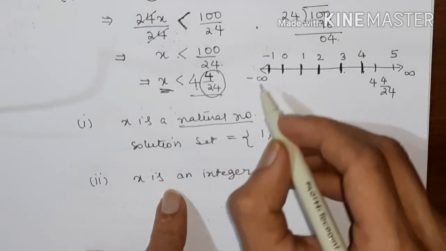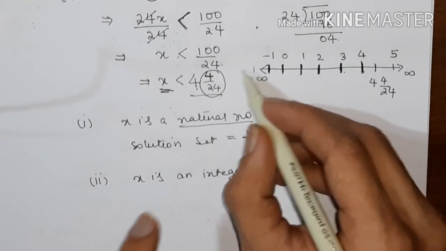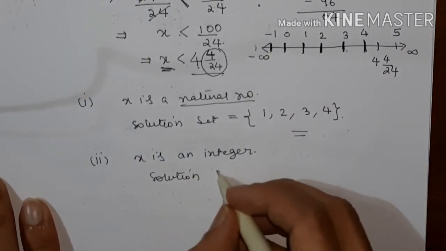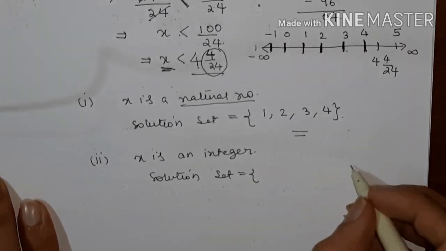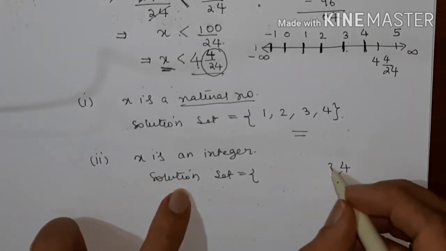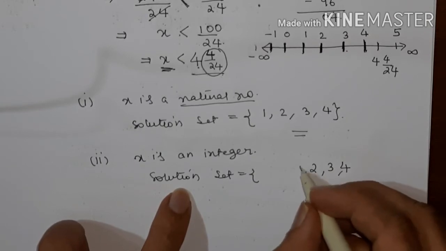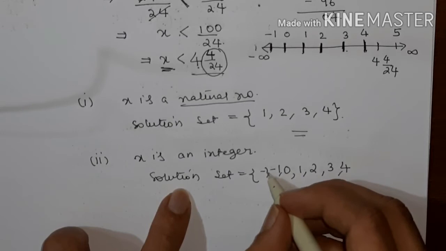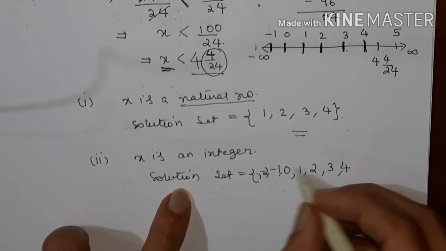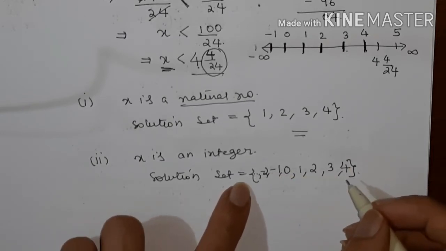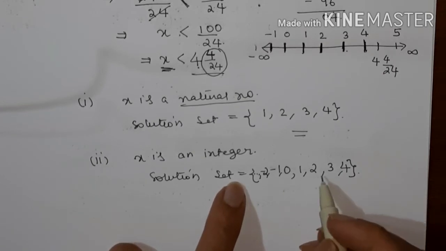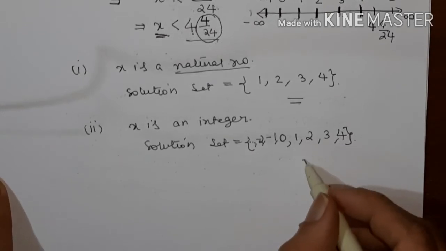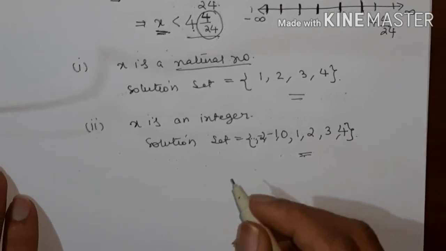Also minus 1, minus 2, minus 3 and so on. So the solution set is 4, 3, 2, 1, 0, minus 1, minus 2 and so on, going to minus infinity, and all are integers. This is the answer of the second sub question.